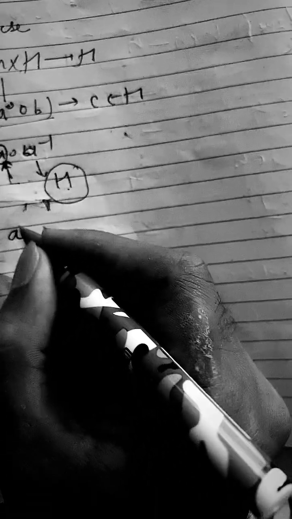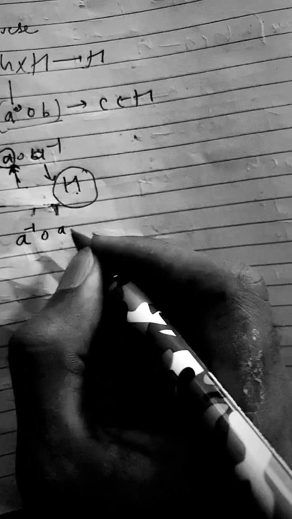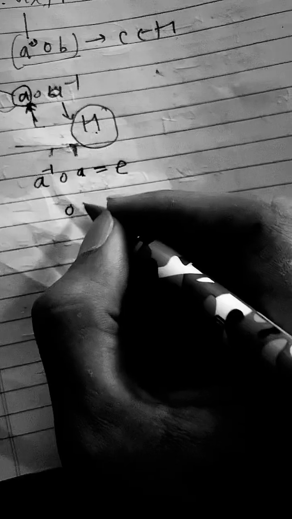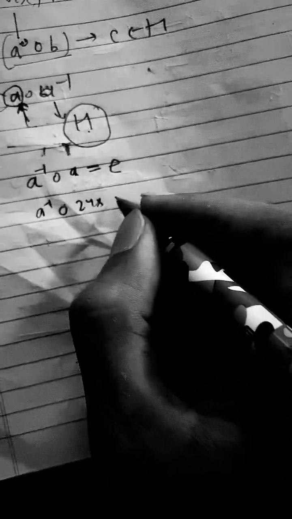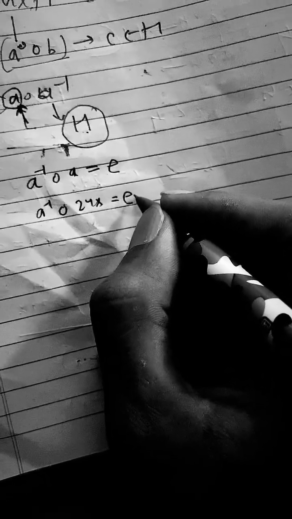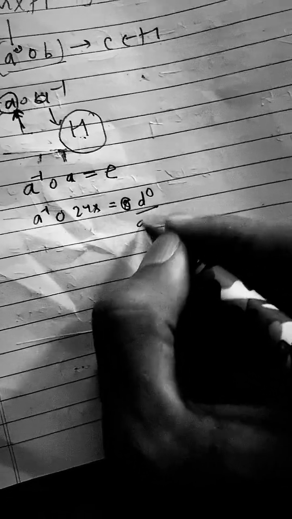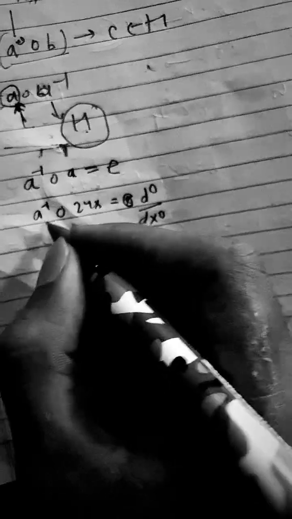So maybe we can define it this way: A inverse operating on A now gives identity E. So what will be A inverse? Well, let's choose an element from set H, let's say 24x. So what will be here? We get E. And what is our identity? Identity is d naught by dx naught. So what should be here?